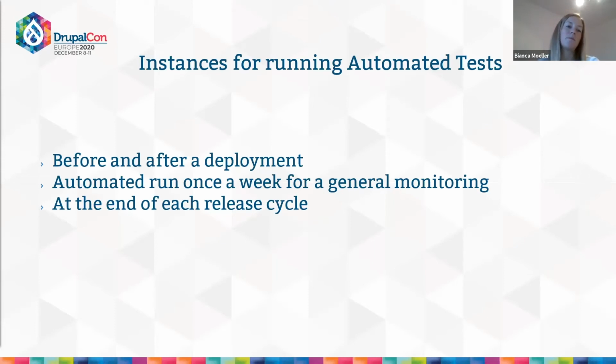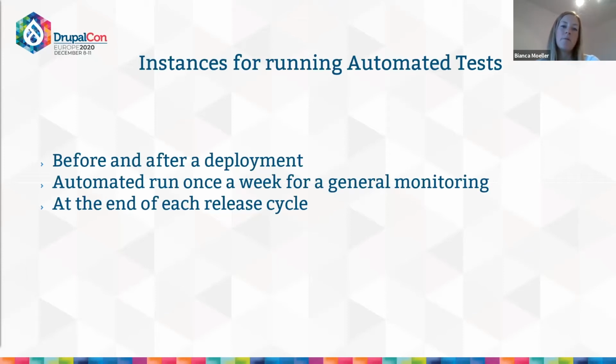And of course, to sum it up a little bit, at the end of each release cycle, or at the end of each sprint, it's nice to do a last check. Meanwhile, we are already collecting all the reports, reviewing everything and putting everything together. It's also a good point to run the automated tests.